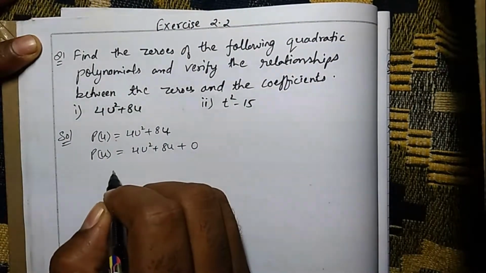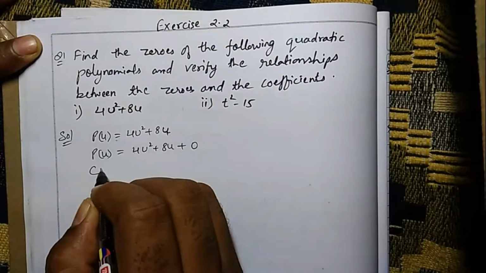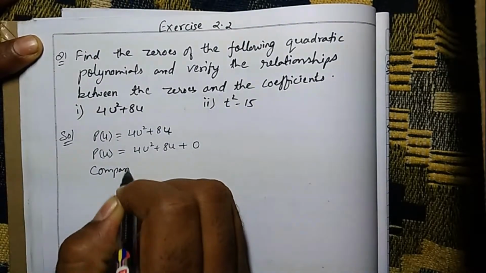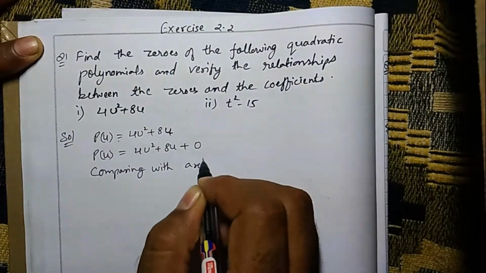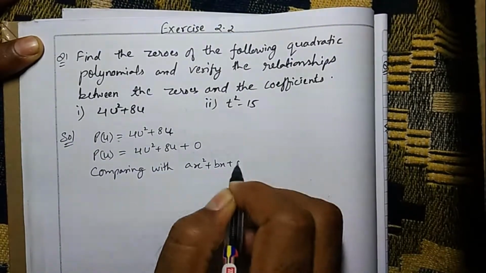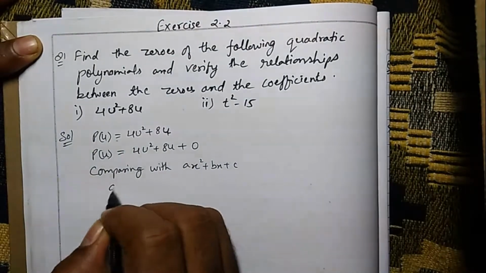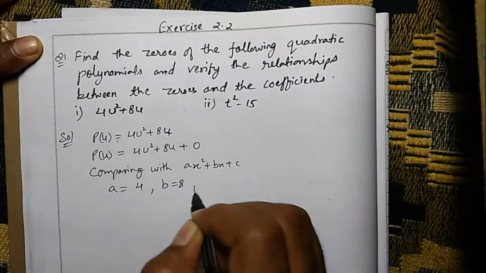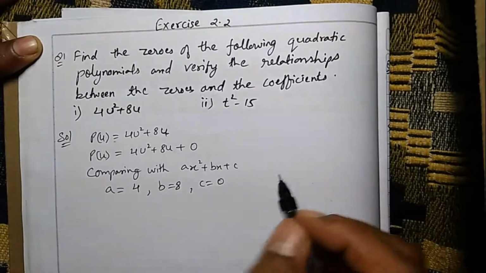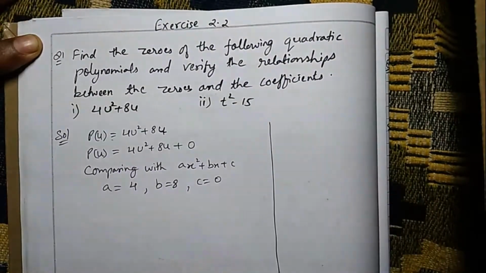Now you will compare with ax square plus bx plus c, and you will get a equal to 4, b equal to 8, and c equal to 0. So next step is to find AC.